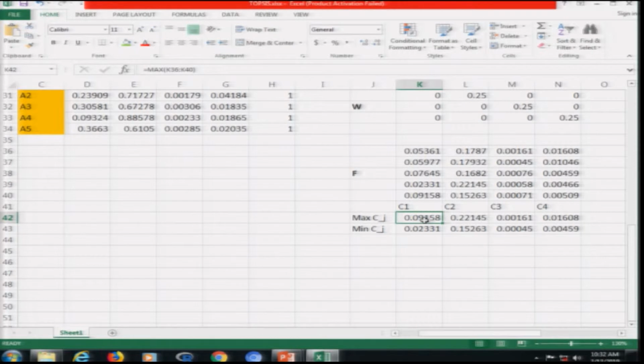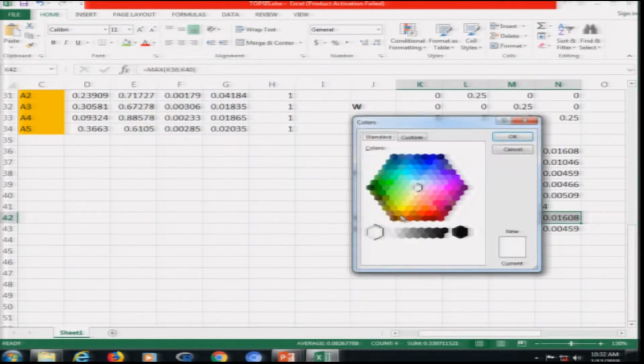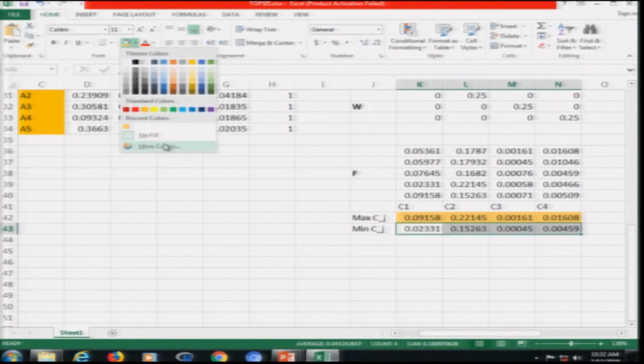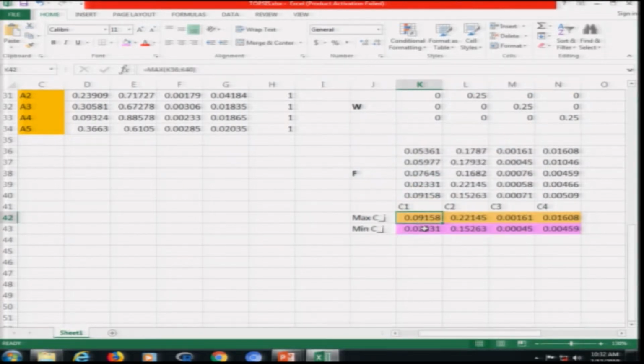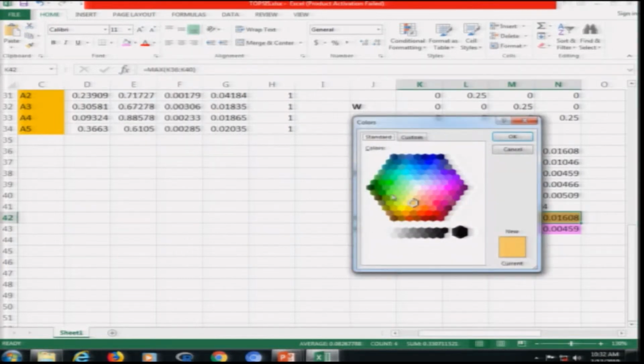Let me make a simple color, light blue something sort of, and similarly something sort of light pink, a very light one. So, these are positive and negative in a simple sense. Let me make it green, so it will give the concept of positive value, a very light green.